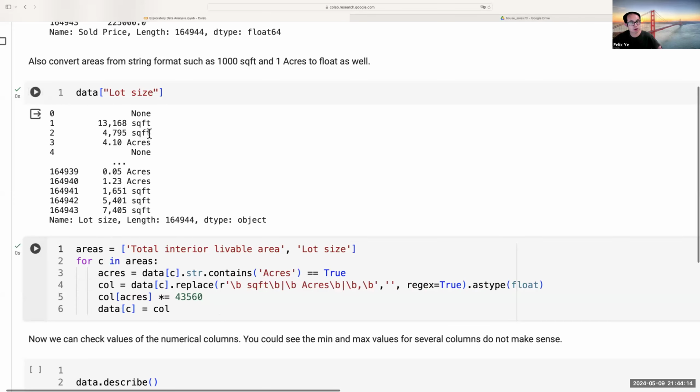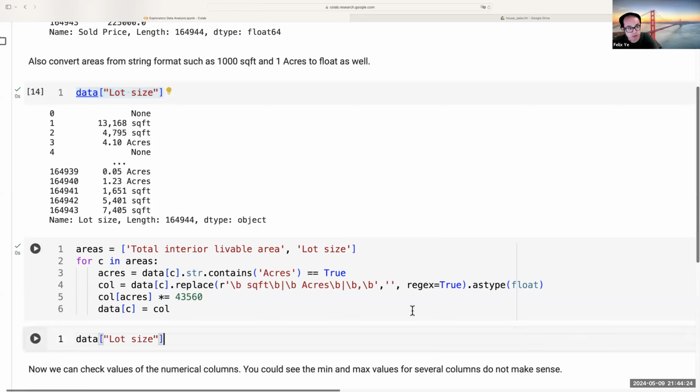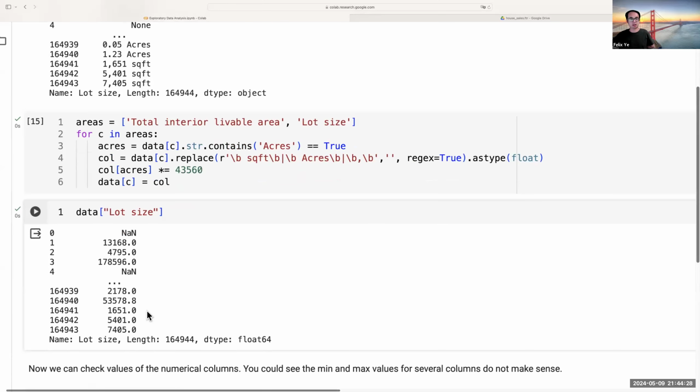If you do this process and check these things again, you will find your lot size becomes like that. So this becomes a float. And of course, if it is none, it will automatically be replaced by not a number, a null value.